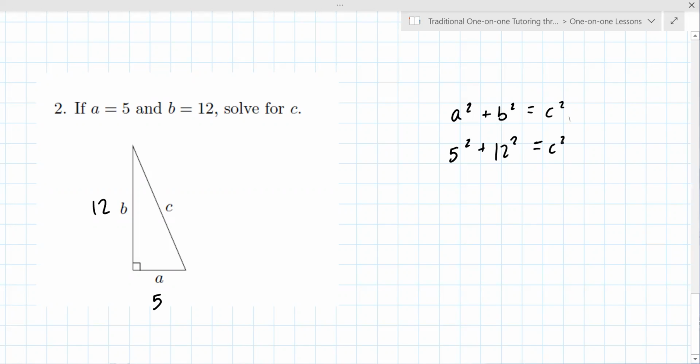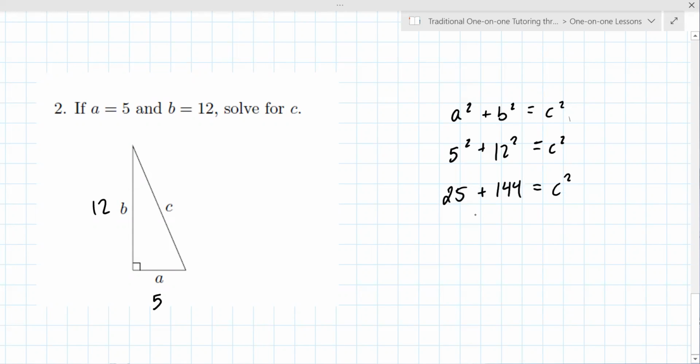What is 5 squared? That is 25, and 12 squared is 144. Okay.